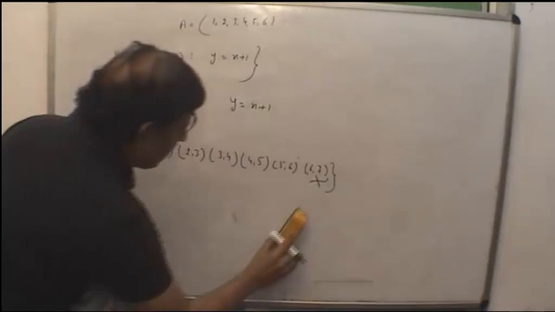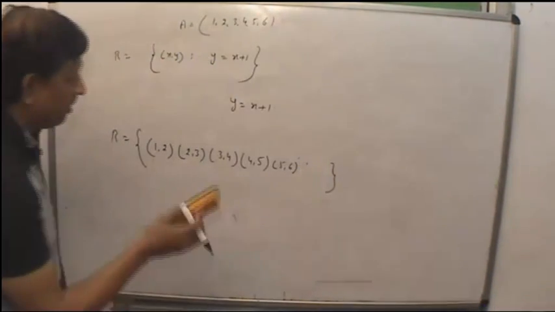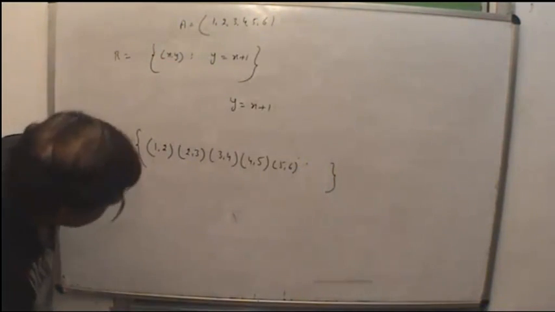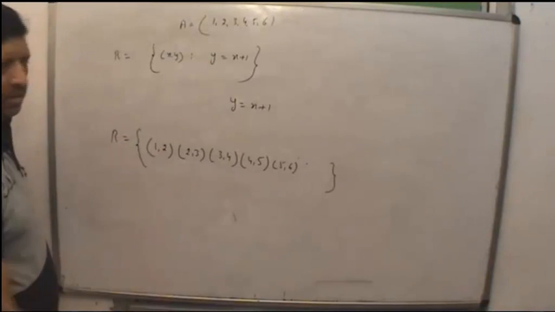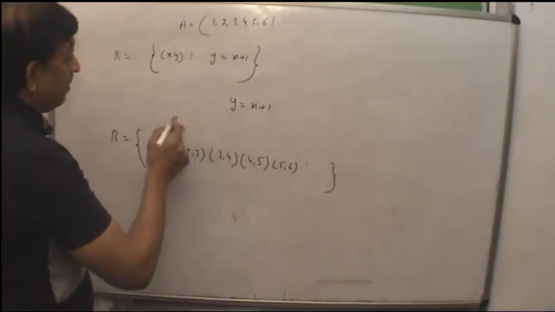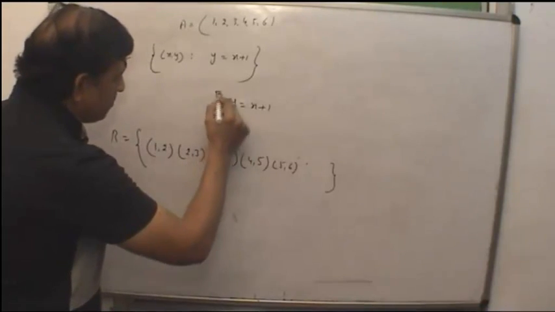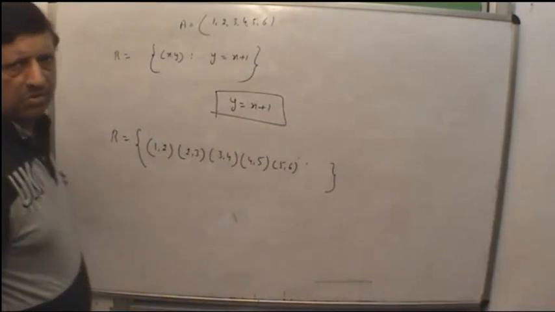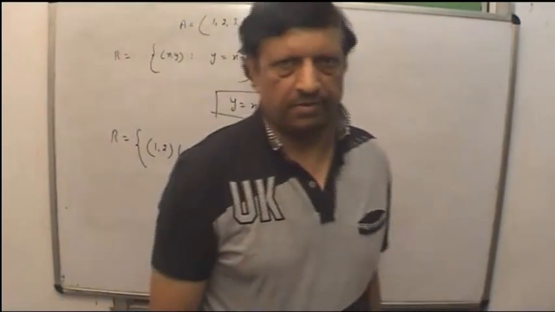So we cannot consider this member. So the remaining members are the relation according to this given function or relation.